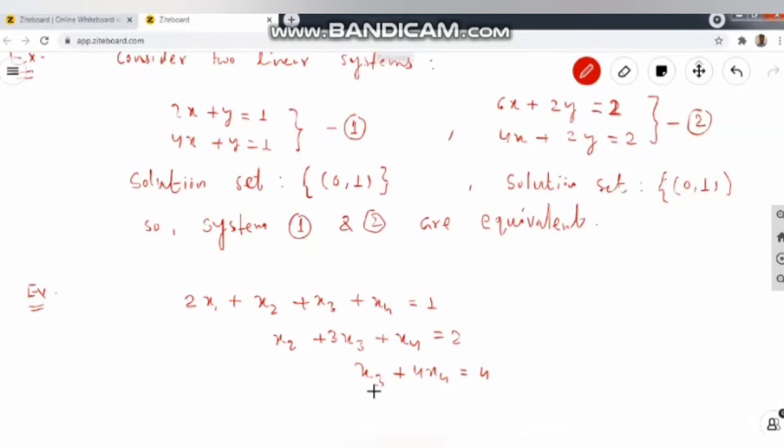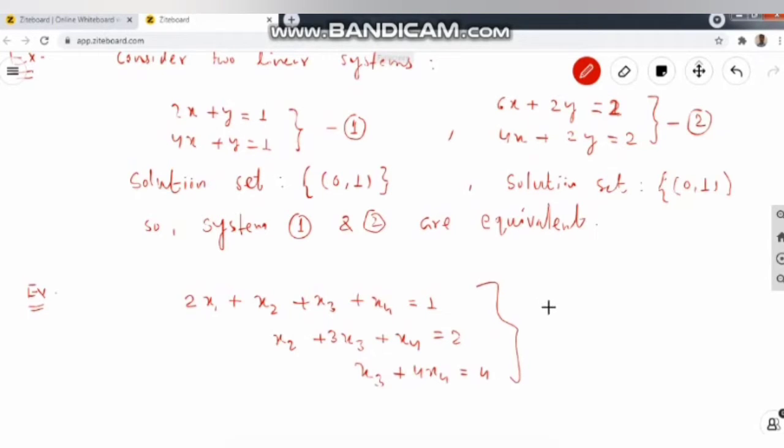If we are given this type of system, then it is easier to solve, to find the solution, for a simple reason. Of course, in this case we will not get a unique solution, but the advantage here is that you can find the solution for this type of system using back substitution.